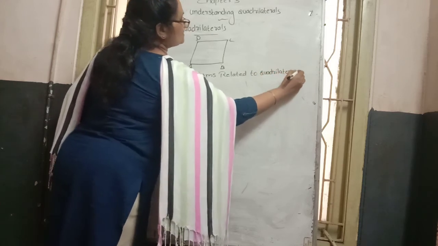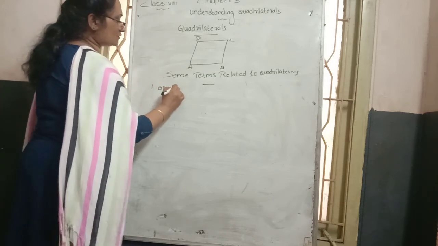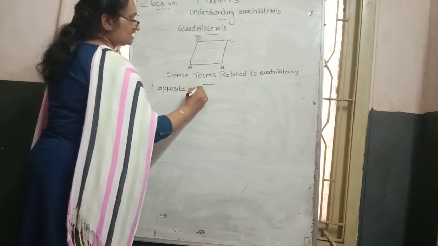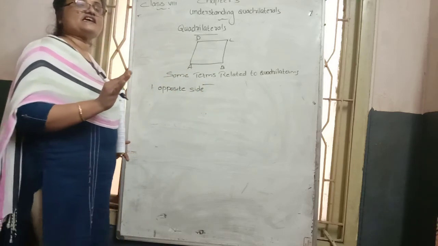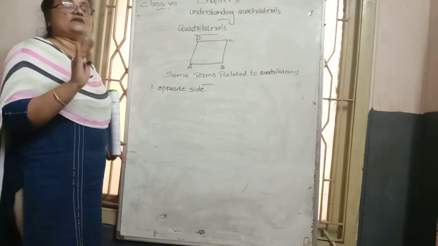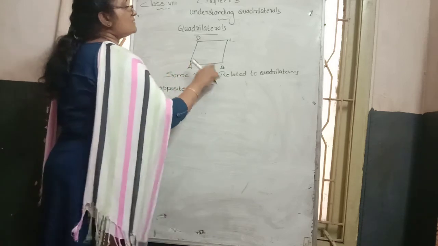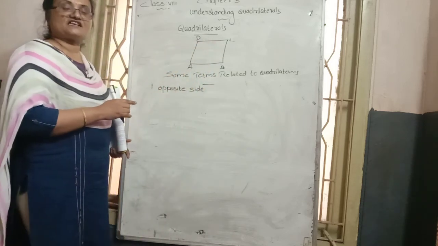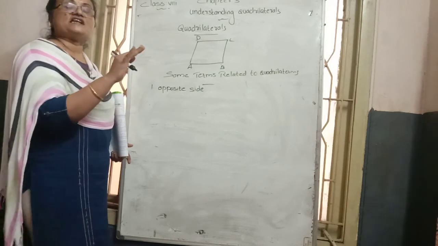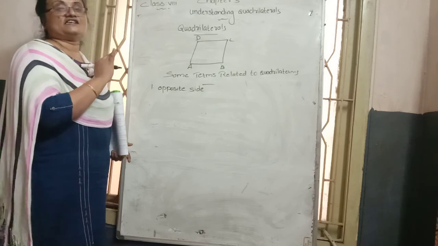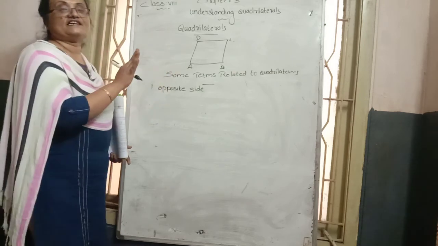The first term is the opposite side. In this diagram, which are the opposite sides? Opposite sides are line segments that never intersect. That means AB and DC are opposite sides. They are parallel and the line segments never intersect. Such line segments we call opposite sides.